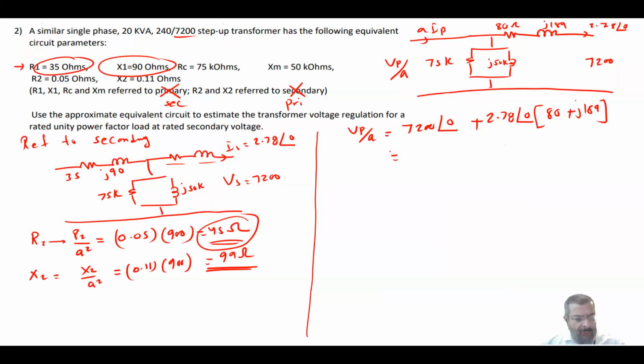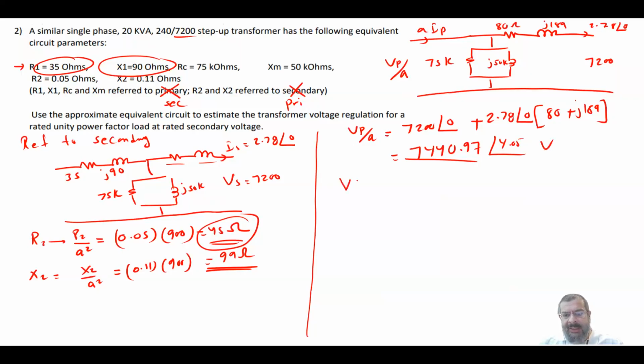When you do that, you will find this is equal to 7440.97 angle of 4.05. It's exactly the same angle that we got, but of course, because you are referring to a different side, now the voltage is different. Now here is the beauty.